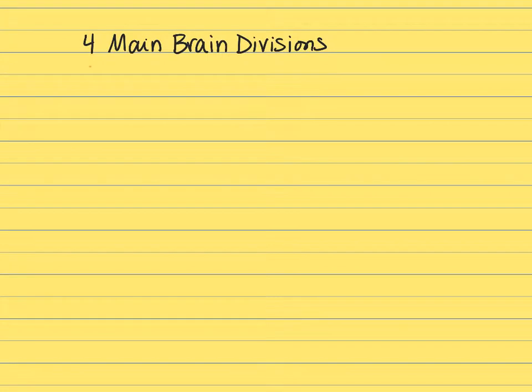One brain division is called the cerebrum, and I'm going to keep the colors consistent throughout this video. So anytime I'm writing in red, I'm referring to structures that are associated with the cerebrum. Another division is the cerebellum.